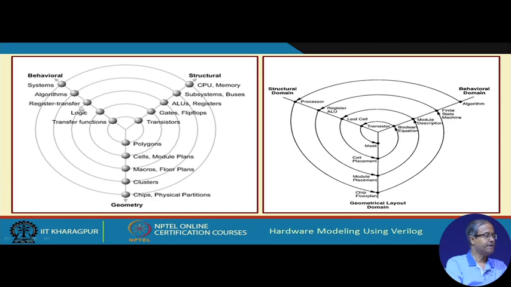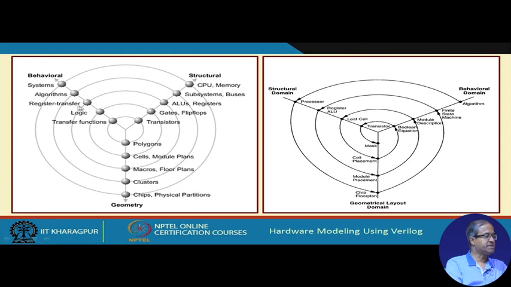As you go to the inner circles, you are carrying out synthesis, you are refining your design. At the next level, your behavior is your algorithms. Here you have subsystems and buses, here you have some clusters.